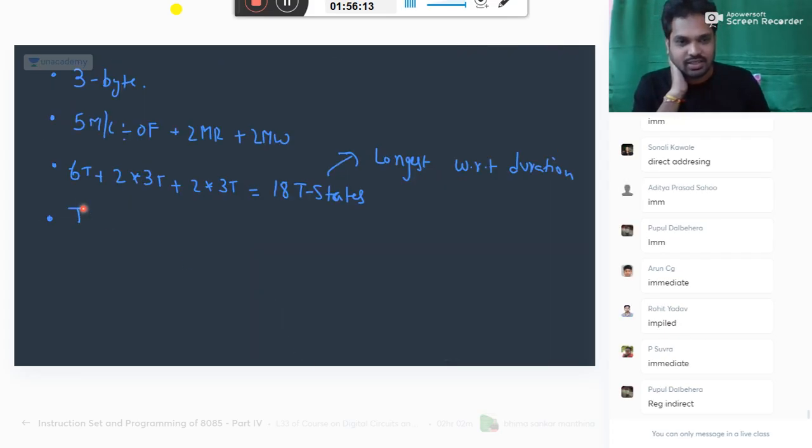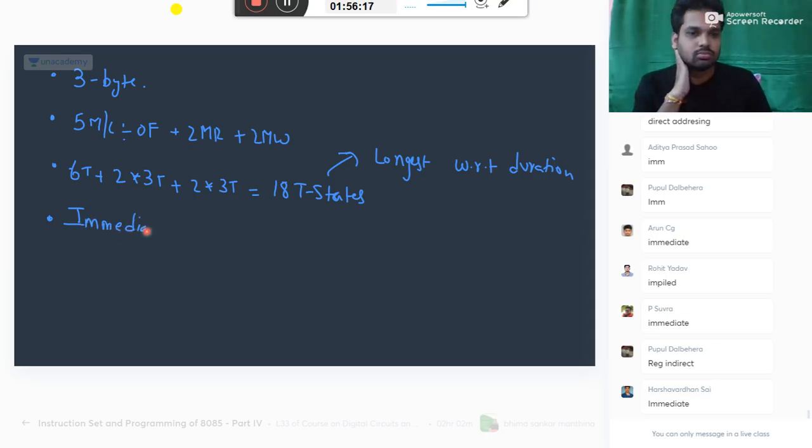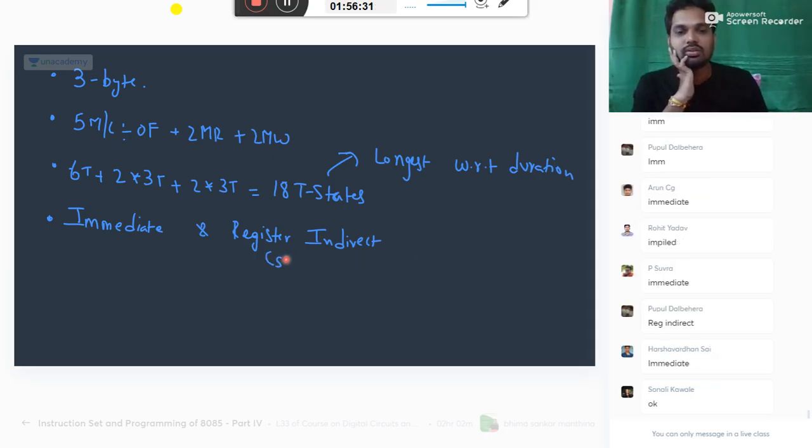Yes, it is immediate and also register indirect because stack is involved. Pointer concept is coming. Whenever stack is involved, pointer concept is there.